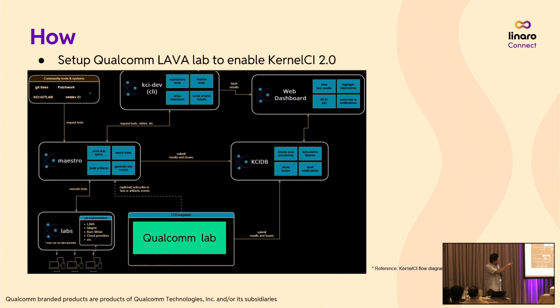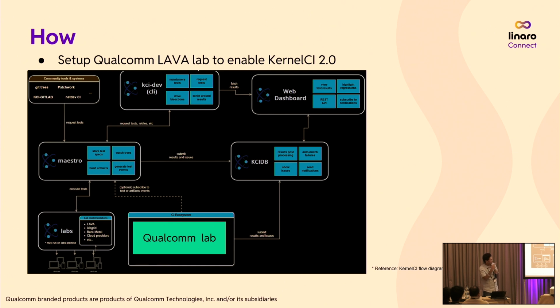Our lab, which is the Qualcomm lab, listens to these events and reacts to them. We test our devices and push these results back to Maestro, and later they push them to KCIDB.